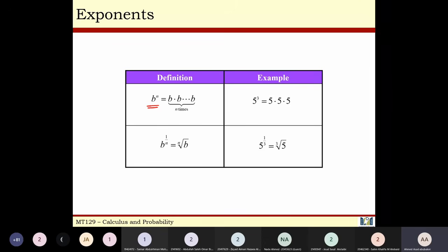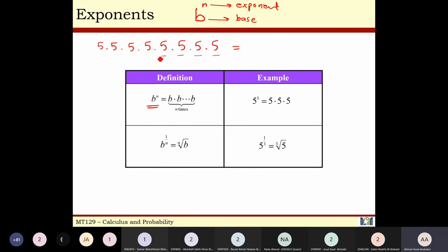b to the power n. What's the meaning of b to the power n? b to the power n means, for example, 5 multiply 5 multiply 5 multiply 5 multiply 5 like this. If we think about it, this is clumsy mathematical writing. If 5 is multiplied by itself 20 times, do I have to fill the whole line while writing? No. So the exponent and the base are written this way: b to the power n, where b is the base and n is the exponent. What does this mean? We have 5 multiplied by itself how many times? 1 2 3 4 5 6 7 8.